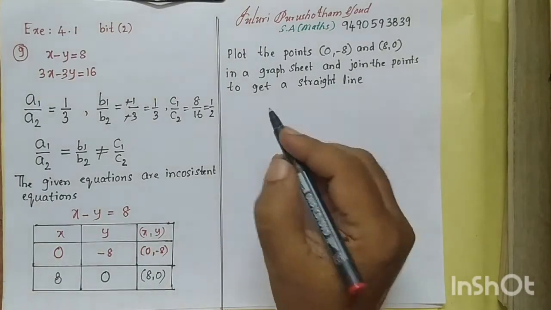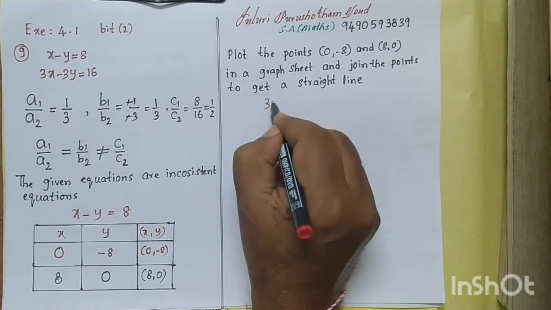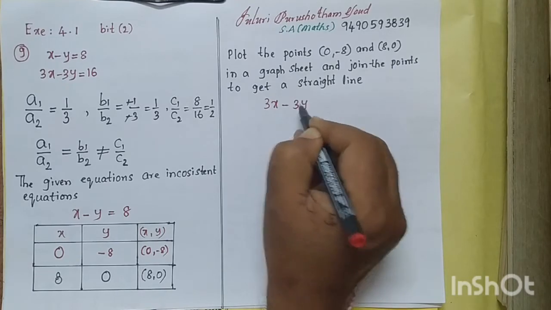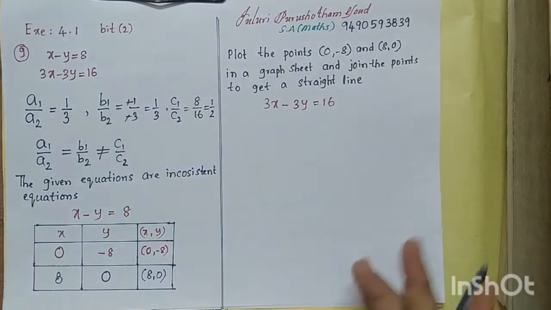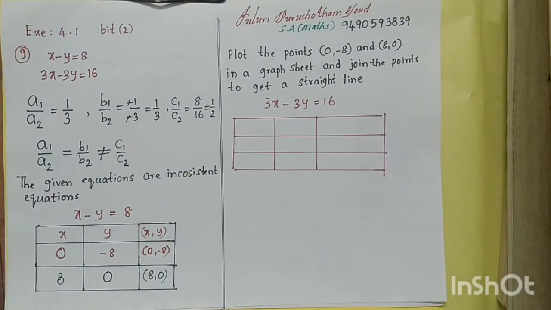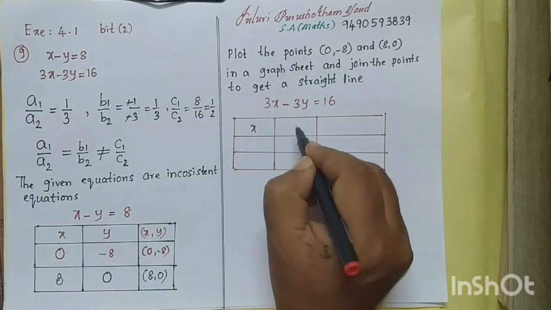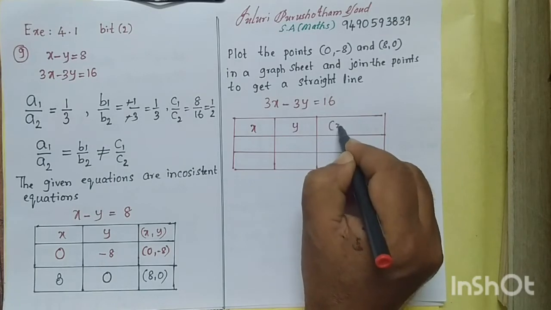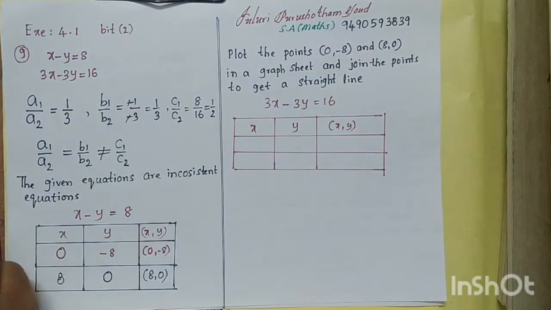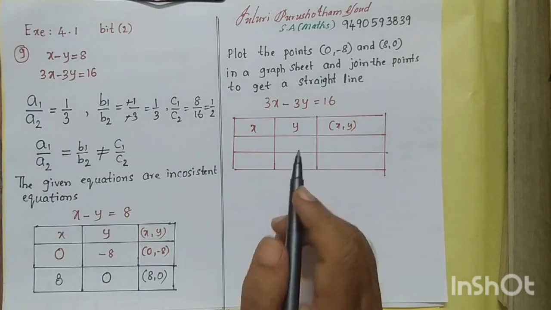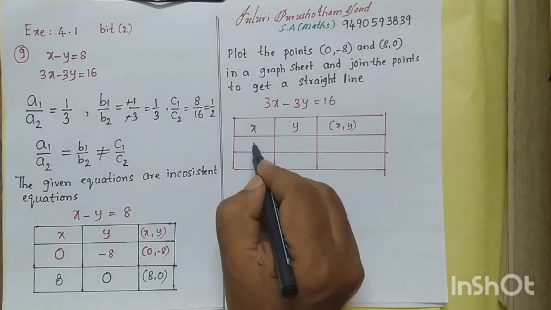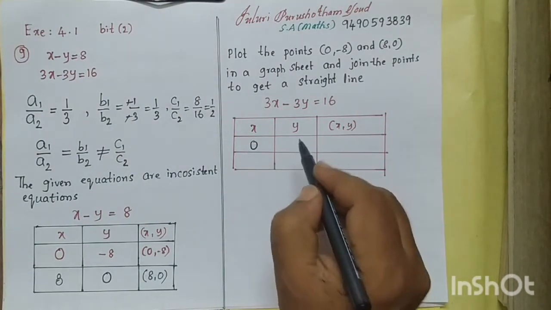Now take the second equation, that is 3x minus 3y is equal to 16. Here this is x, this is y, and take x comma y. If I am taking x is equal to 0, then what do we get for y?